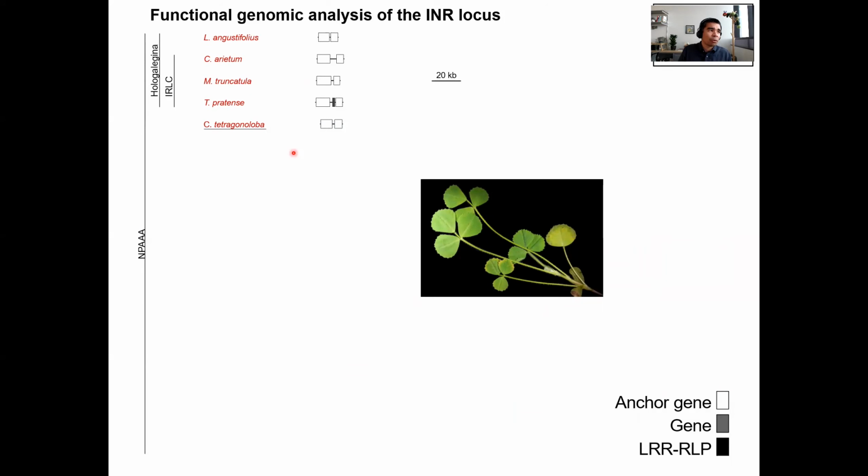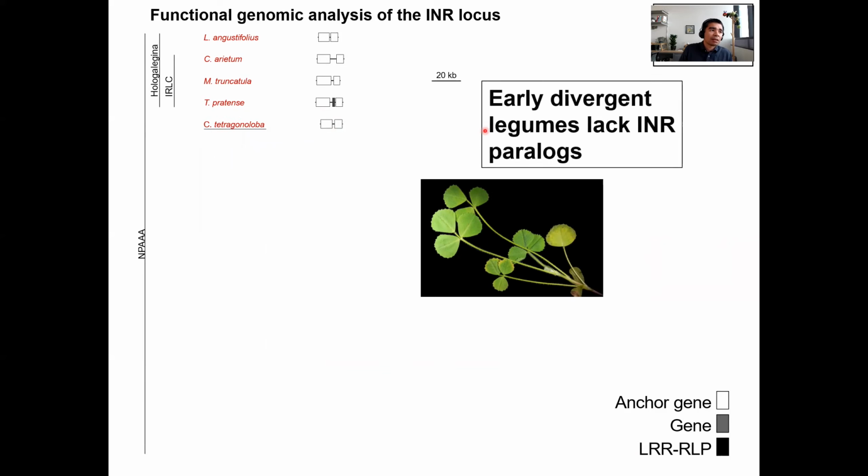So here we're looking at outgroup legumes, the cold season legumes, including Medicago, which I mentioned, but also a new assembly here, Centrosema tetragonoloba. And we can conclude that all of these early-diverging legumes lack any INR paralogs. So this seems to precede the origin of any receptor genes at the locus.